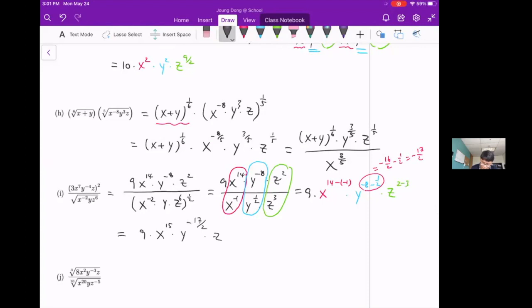And z term is negative 1, okay? So we have negative powers for y and z, then we're going to put those in the denominator. So your answer is 9 x to the 15 over y to the 17/2 and z. We are not going to write 1 as the power of z. Okay.